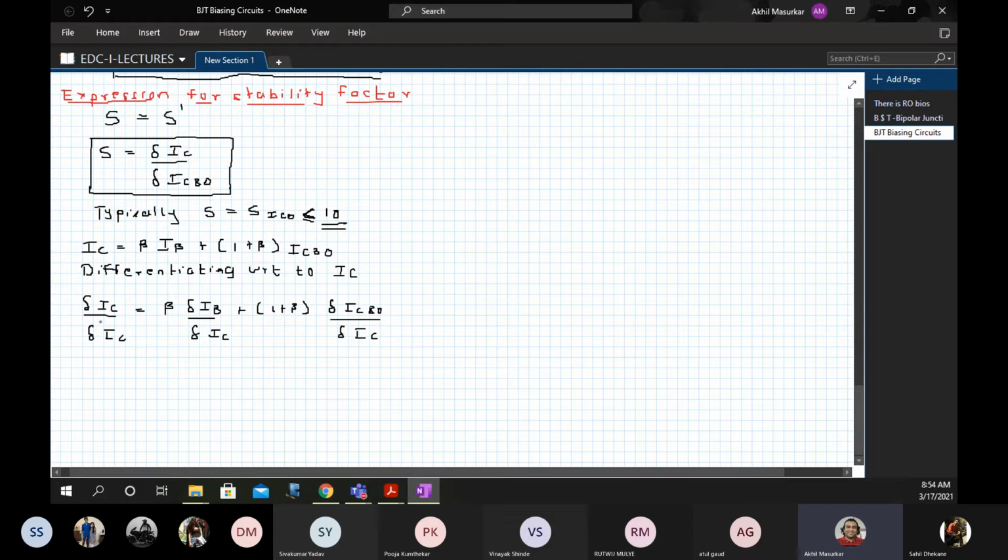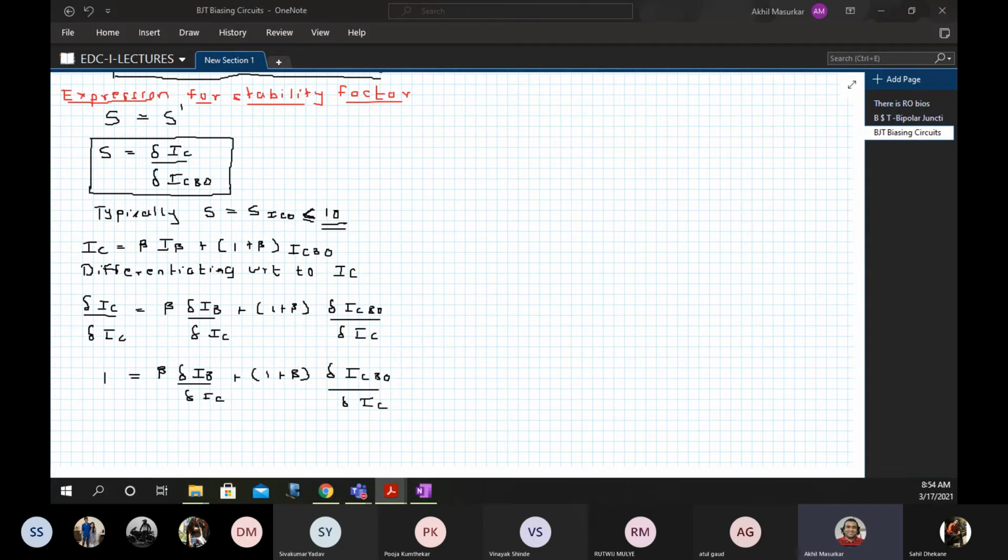Differentiating a variable with respect to itself will give you 1, equal to beta into delta IB upon delta IC plus 1 plus beta delta ICBO upon delta IC.